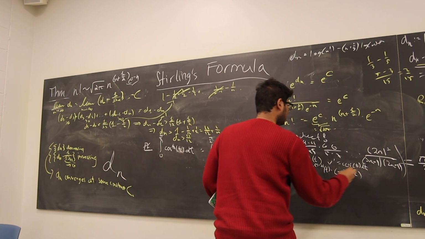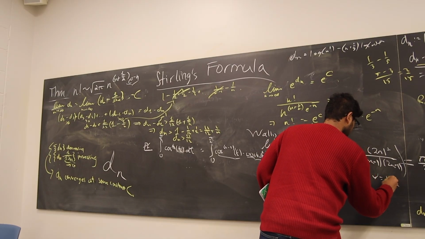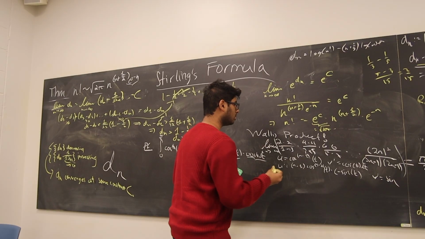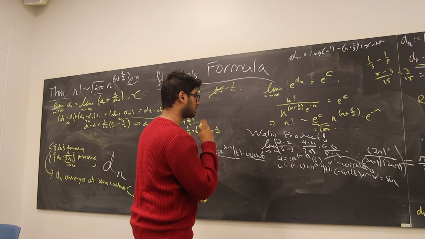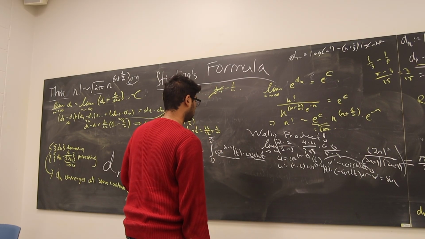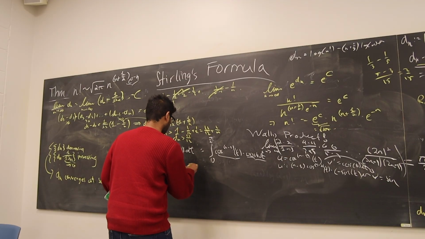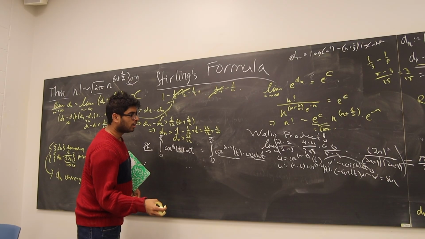And v itself is just going to be sine, because the antiderivative of cosine is sine, obviously. So now we do our little thing, you know. We get uv minus the integral of v du. So that gives us, hold up. What's uv in this case?